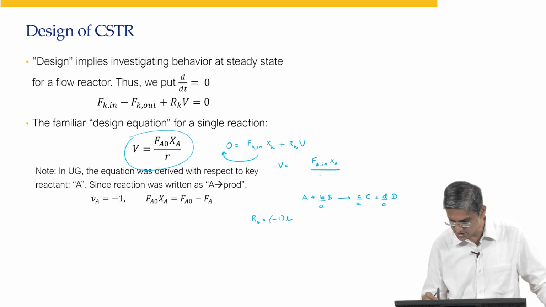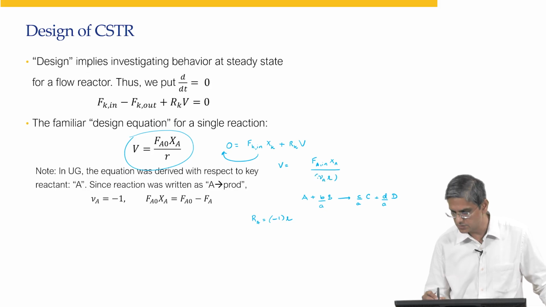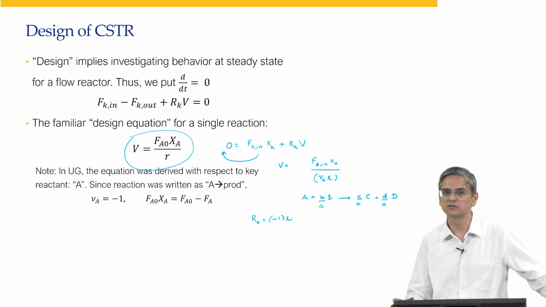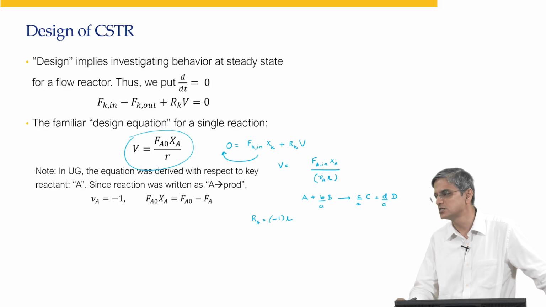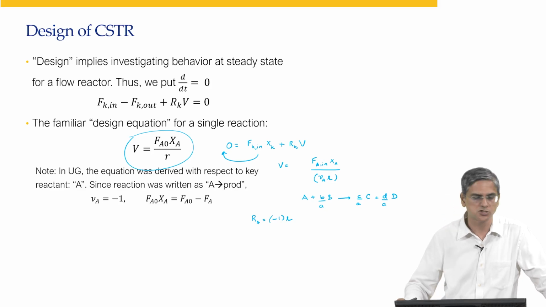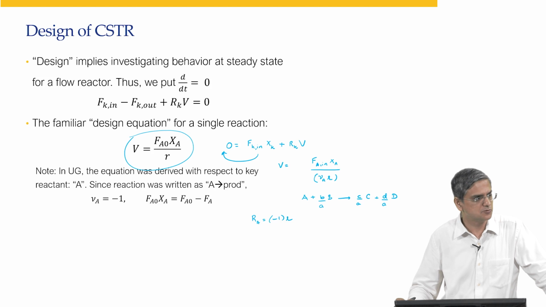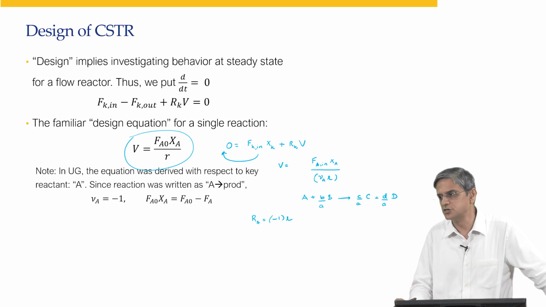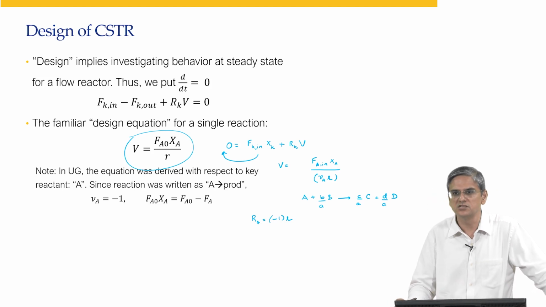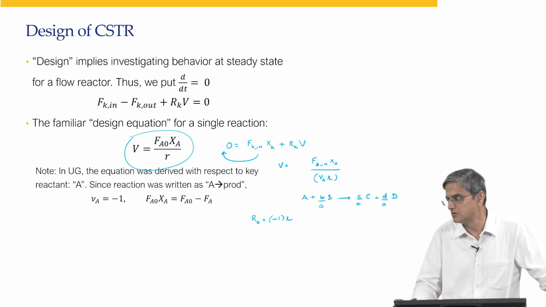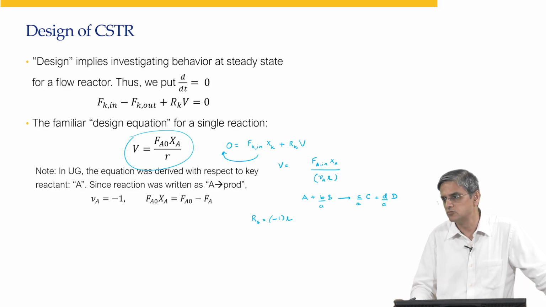Or instead we can write it as nu A multiplied by R. But we can expand our query to actually say what is the size of a CSTR or what is the operating condition of a CSTR, not necessarily to meet a certain conversion objective, but to meet a certain selectivity objective or a certain temperature objective or anything else.